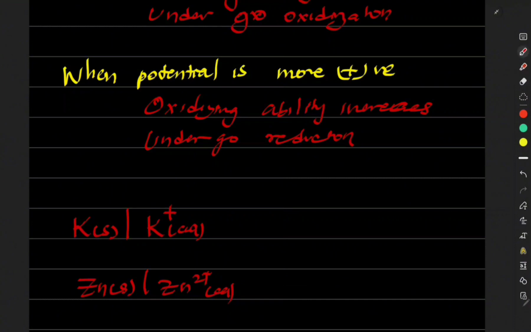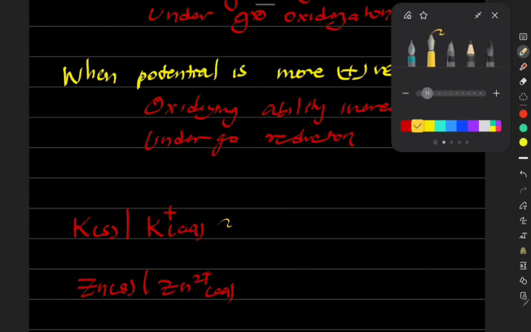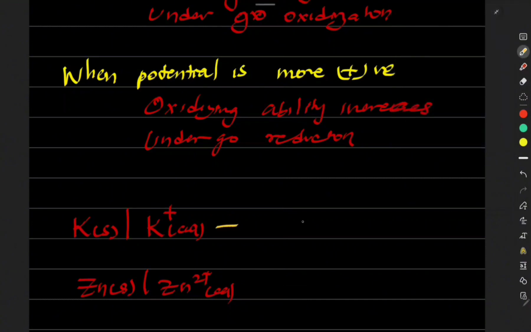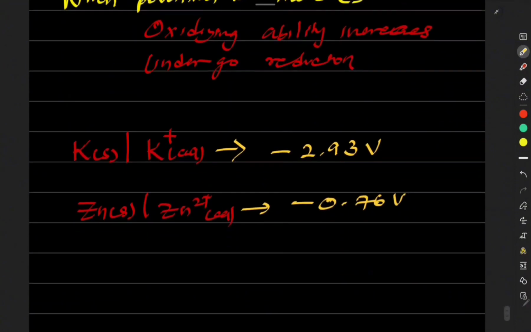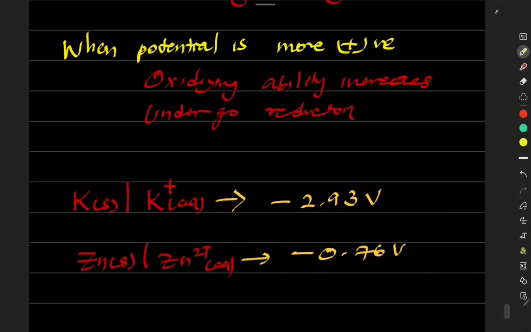The reduction potential of potassium is minus 2.93 volts and zinc's is minus 0.73 volts. Which is more negative?